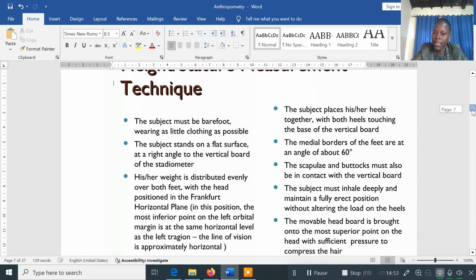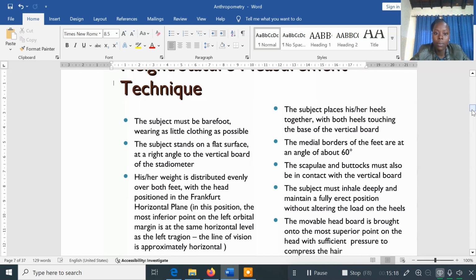You as the assessor, you have to make sure that the subject or the person or the client that you're taking height, they must be barefooted, not on shoes, okay, and wearing as little clothing as possible, okay. Then the subject stands on a flat surface.